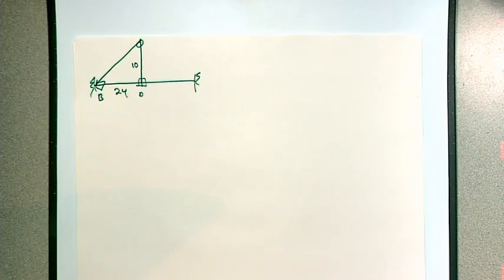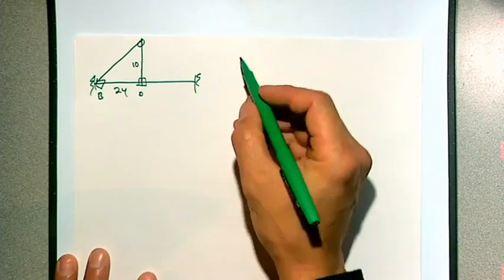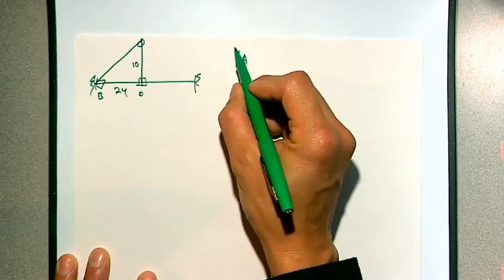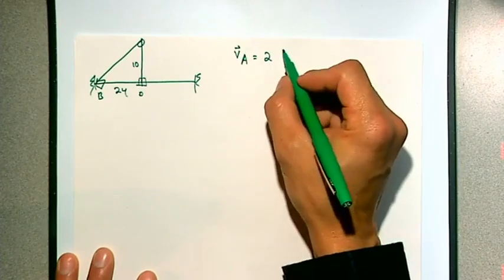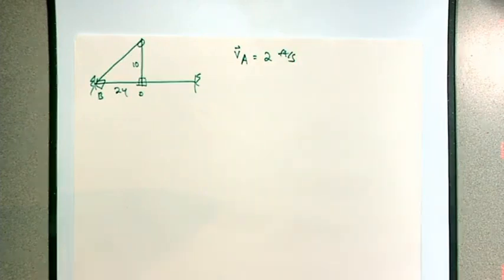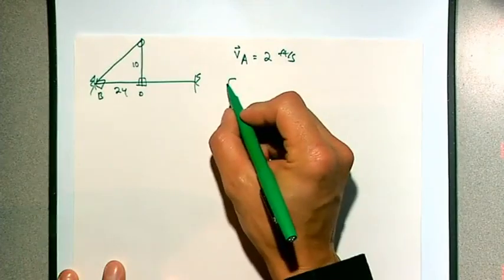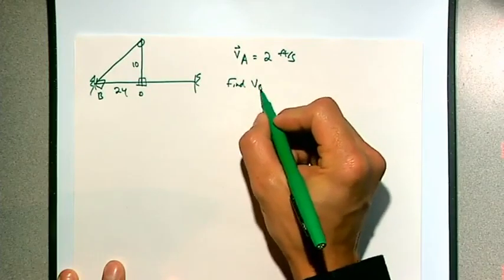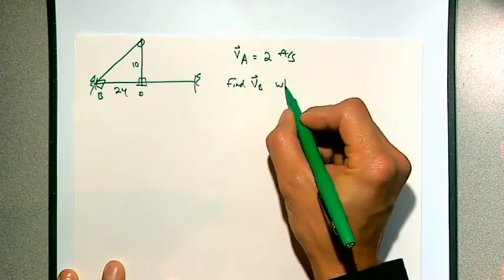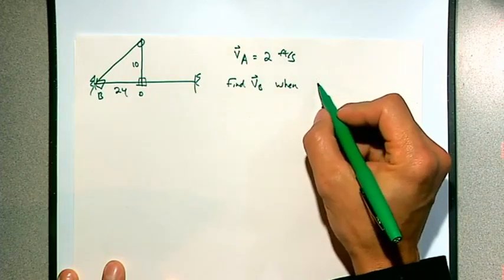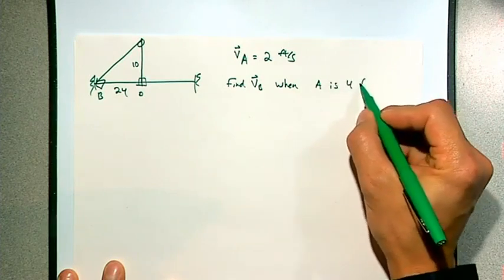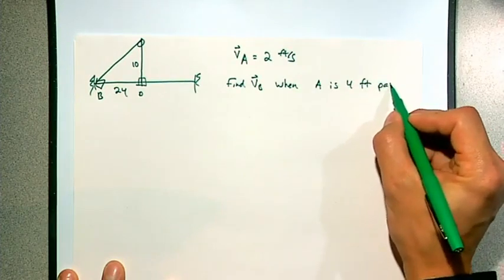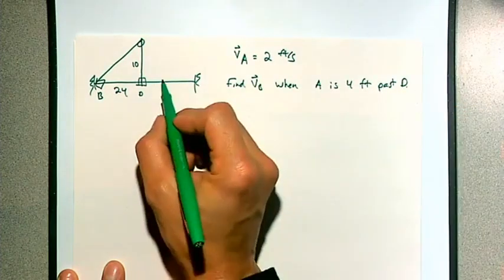But what we want to know is that if A is moving constantly at 2 feet per second, we want to find the velocity of B. We want to find VB. When A is 4 feet past D. So 4 feet over.